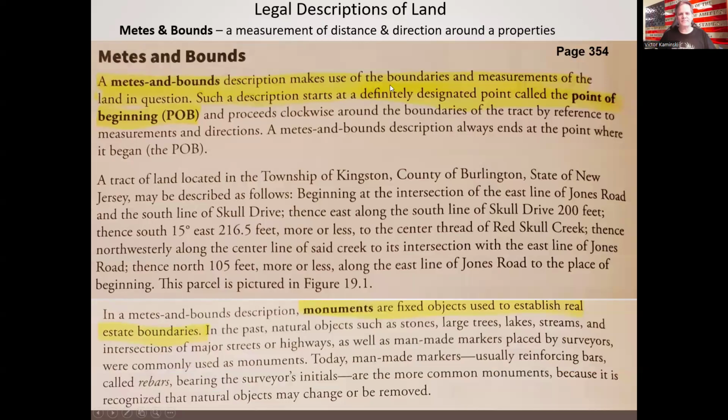So let's highlight metes and bounds, the point of beginning, and what monuments are. Those are those markers that the surveyor puts to the ground at each of the corners of the property.